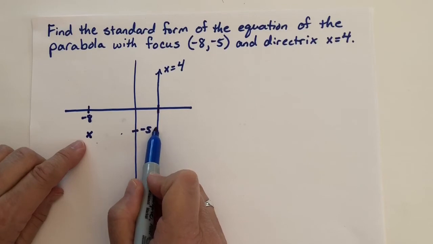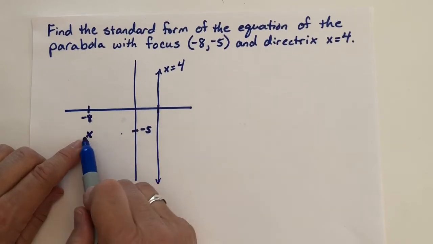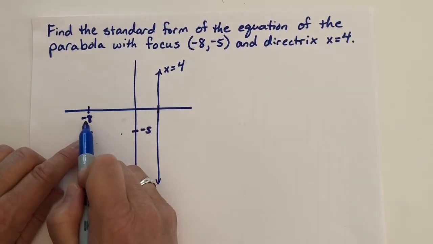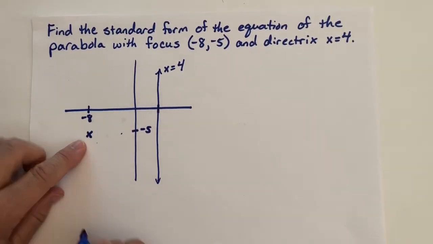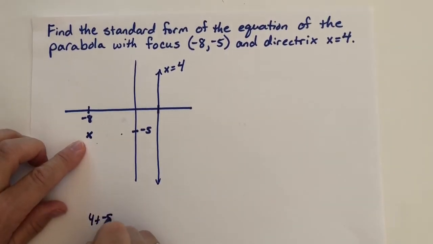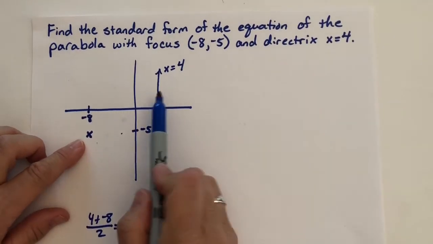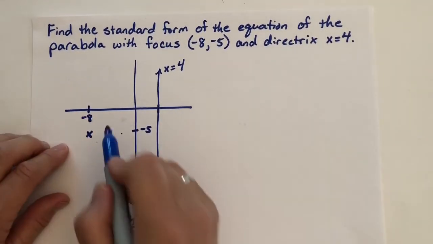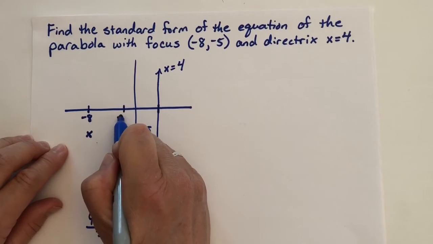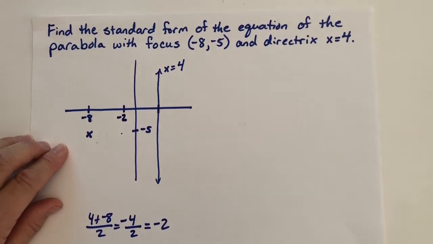Or we can average the numbers 4 and -8. So if we average 4 plus -8 and divide by 2, you'll get -4 divided by 2, and you get -2. So the average of 4 and -8 is -2, so we know the x-coordinate of that vertex is at -2.